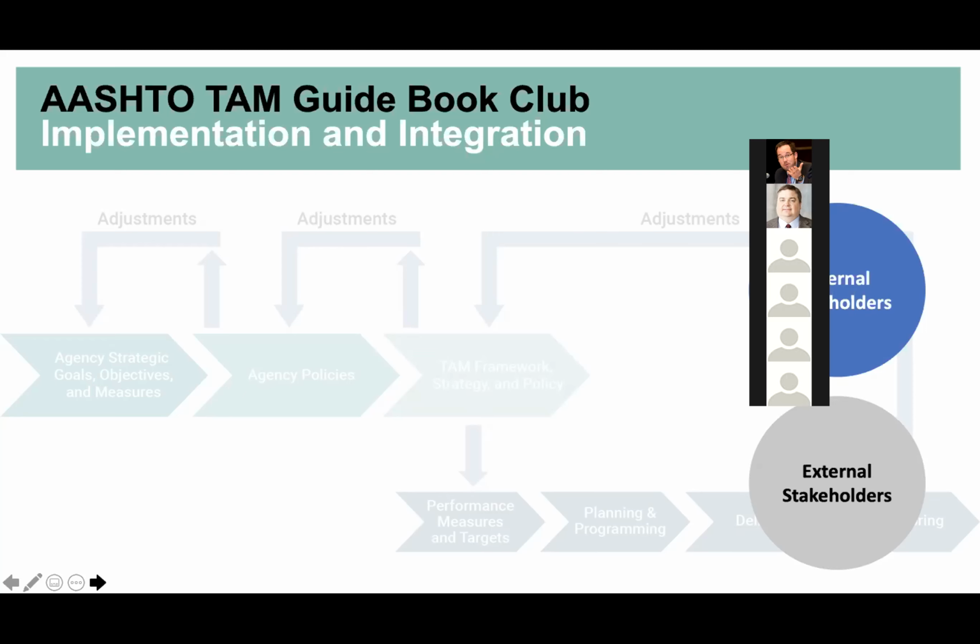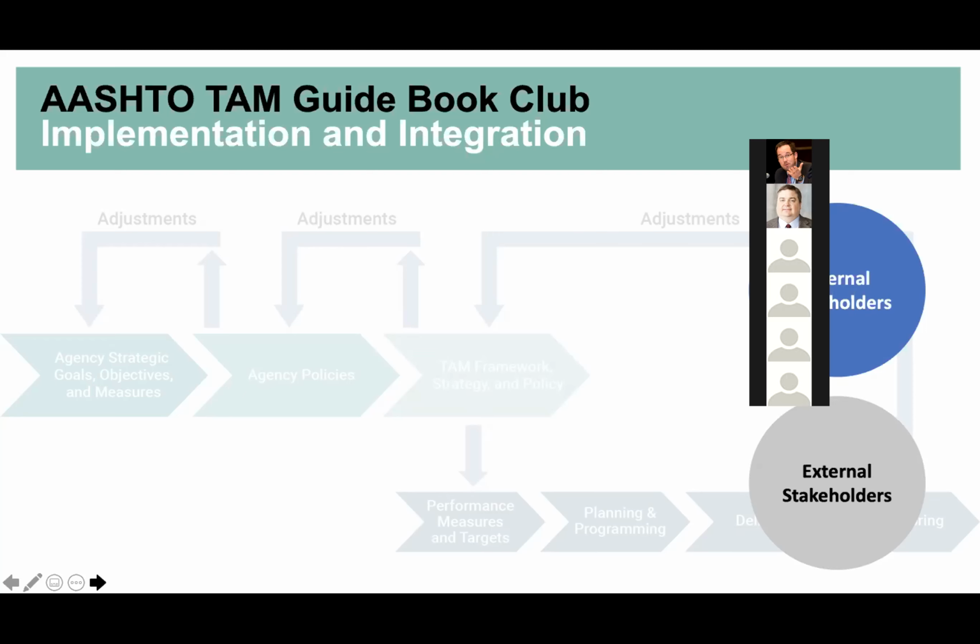And so that requires most agencies, to differing degrees, to work with external stakeholders, not just to exchange information, but also to think about how decisions are made in terms of delivering those outcomes, delivering the targets, and integrating decision making with them. And we'll touch on that a little bit further as we move along.